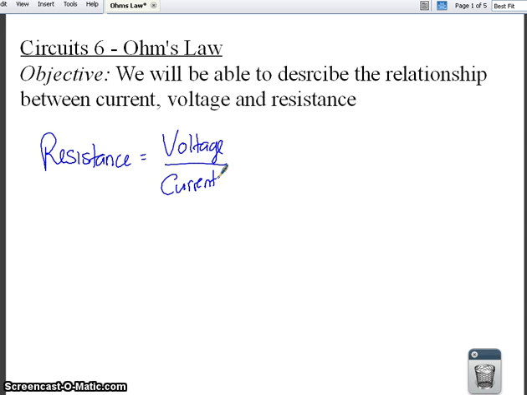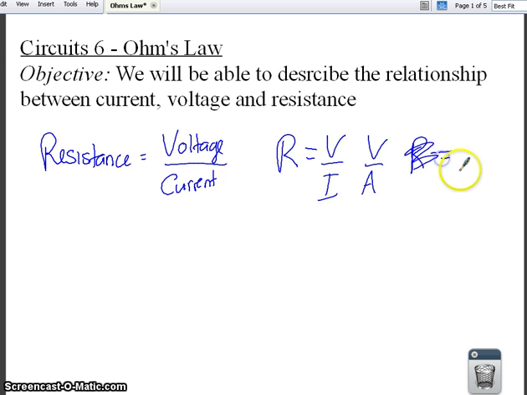So it is the ratio of the voltage applied across a piece of material to the current through the material. So resistance, R, is really equal to V over I. So the units for resistance are volts per amp. But resistance has its own unit, and so a volt per amp is equal to ohms.